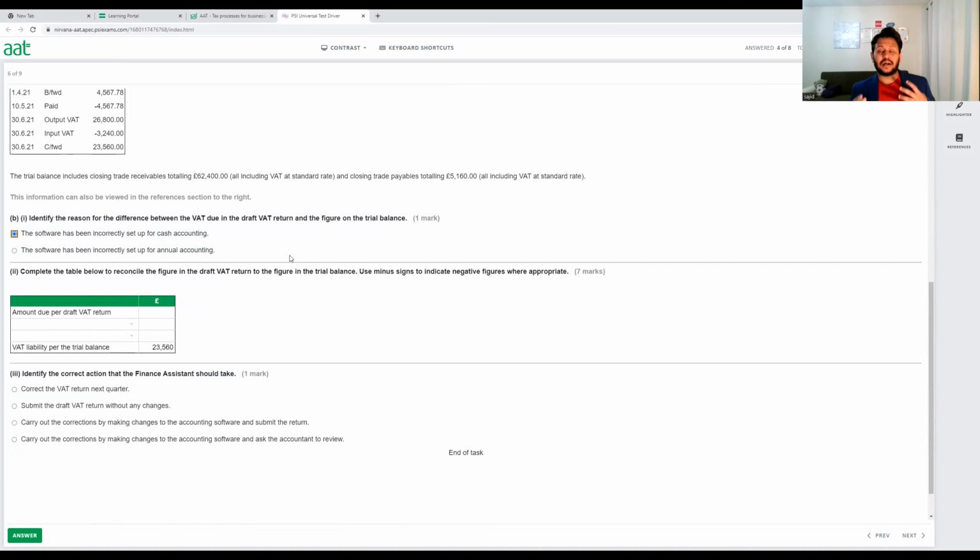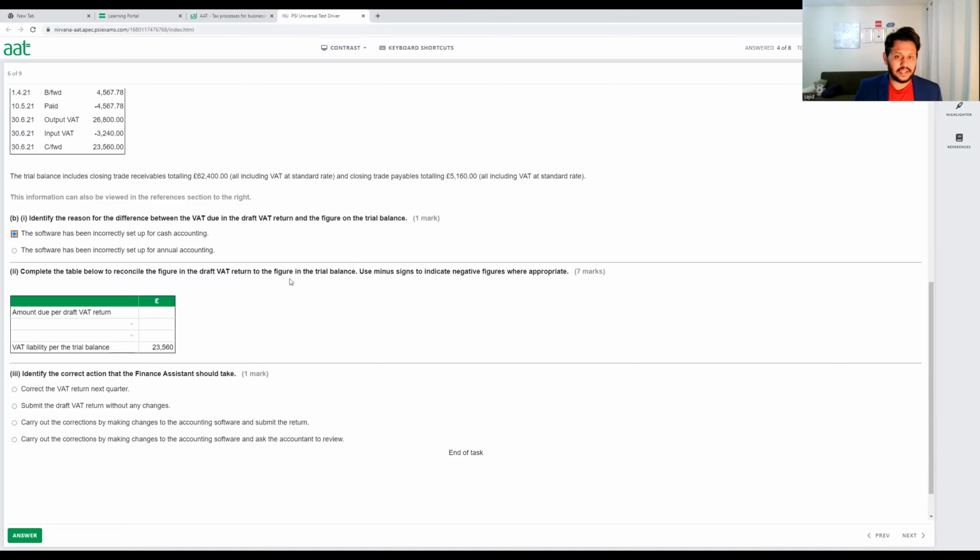So the cash accounting scheme is all about the received basis. If I receive the money, I only record it at that time. If I pay the money, I only record it at that time. So you don't follow the accrual concept. If the supplier bill is outstanding, we do not consider that.